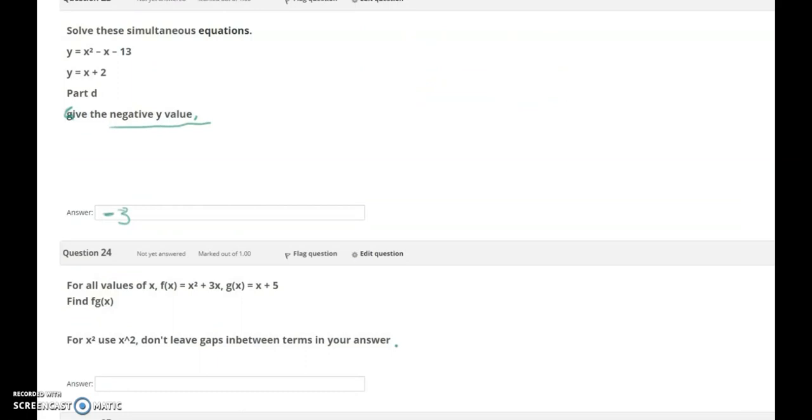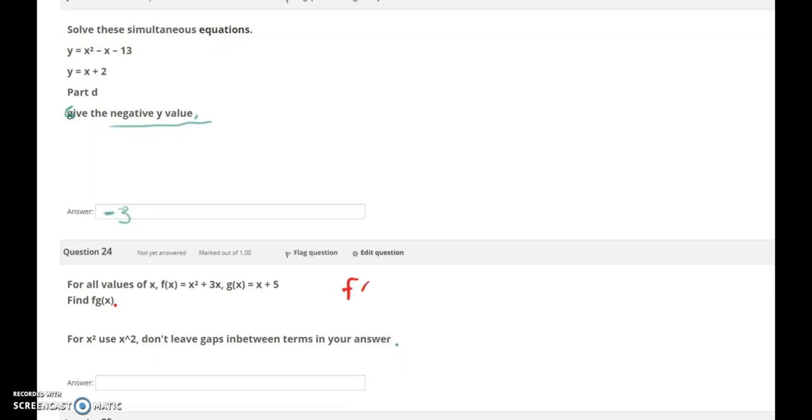In the next question, we've got for all values of x, f of x is equal to x squared plus 3x, and g of x is equal to x plus 5. We've got to find fg of x. What this means is that in the f of x that we have, which is x squared plus 3x, we will replace the x's with x plus 5.